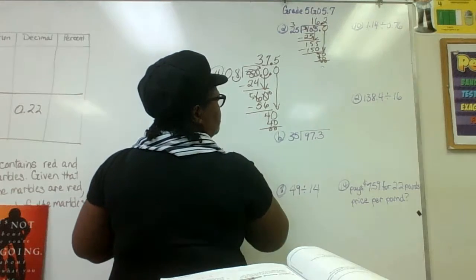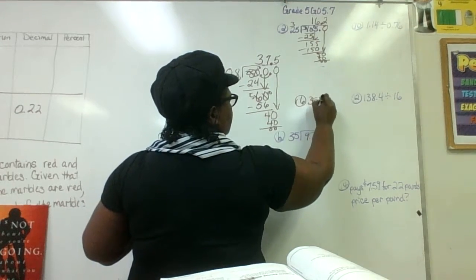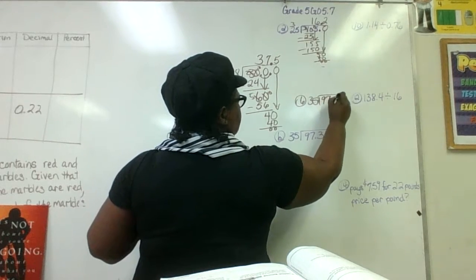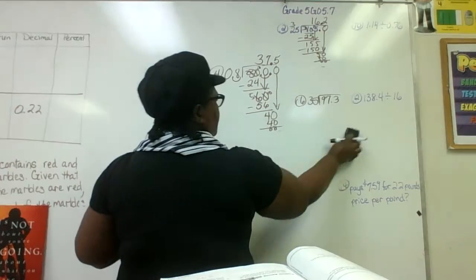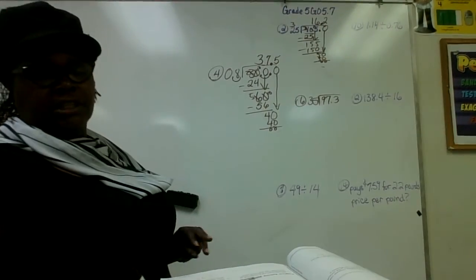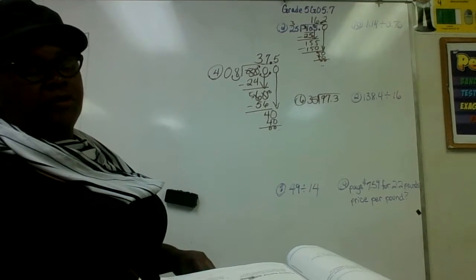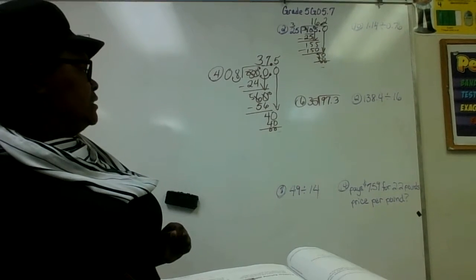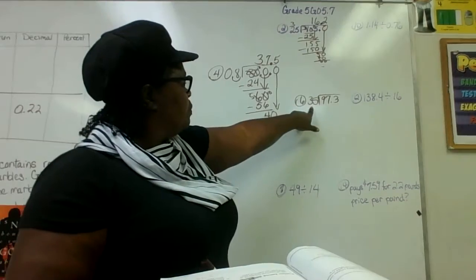On number 6, we're going to move it just a tad here for space purposes. Okay? And we find that number 6, we are looking at the fact that we have 35 divided into 97 and 3/10. Okay, so there is no decimal point here.